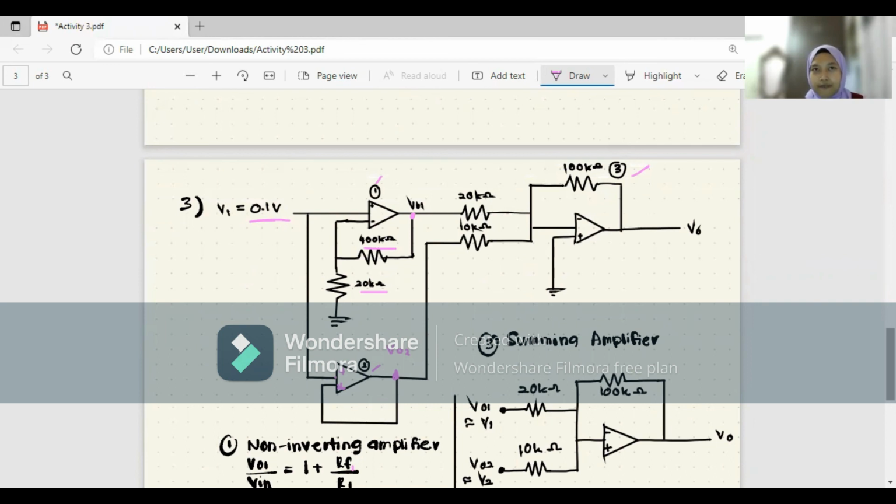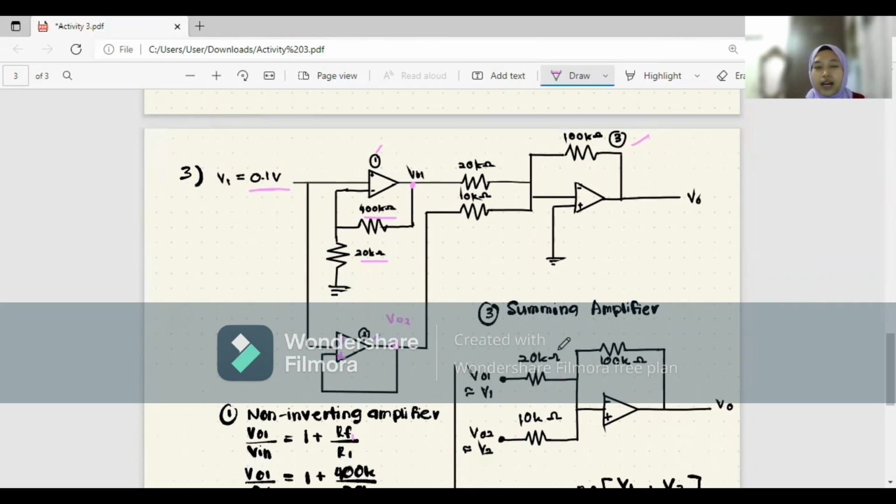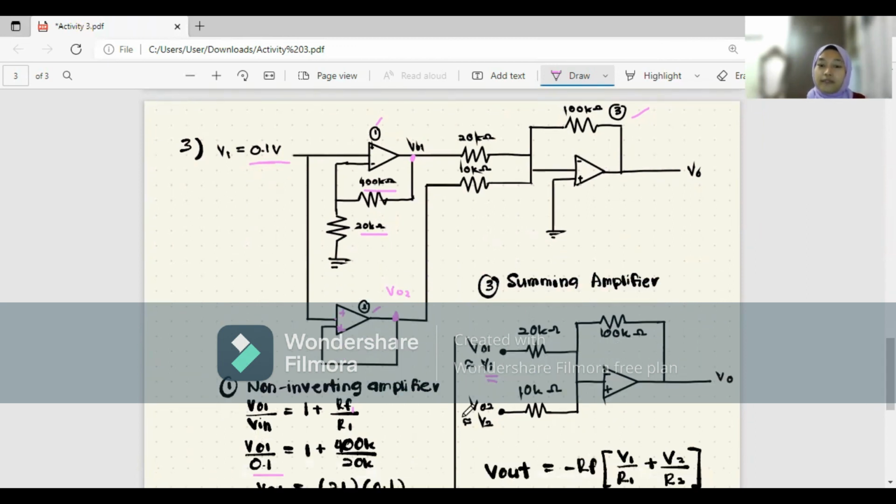Now that we have found the output voltage for the first and second amplifiers, those two outputs are actually the inputs for the summing amplifier. The V output of the first amplifier is the first input voltage, and the V output of the second amplifier is the second input voltage in the summing amplifier.